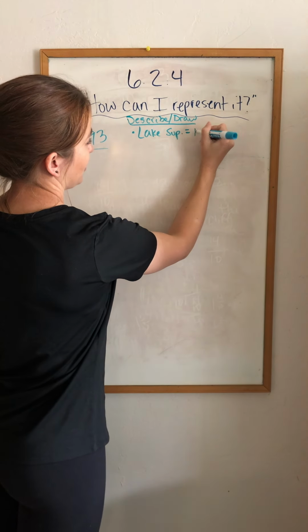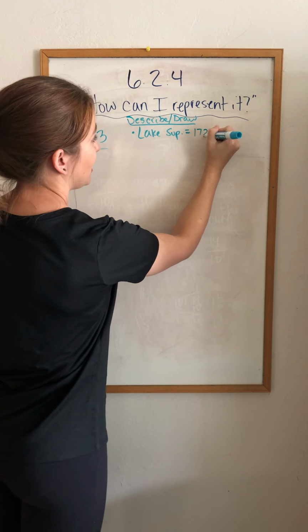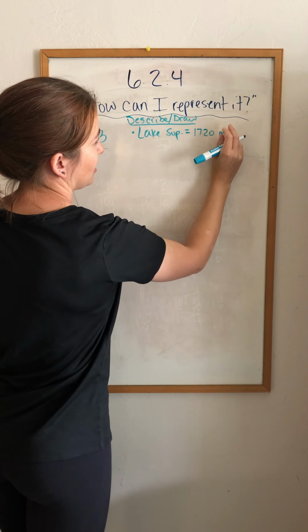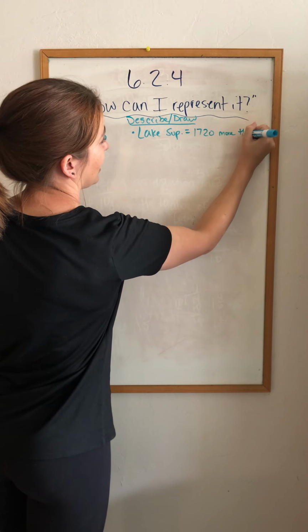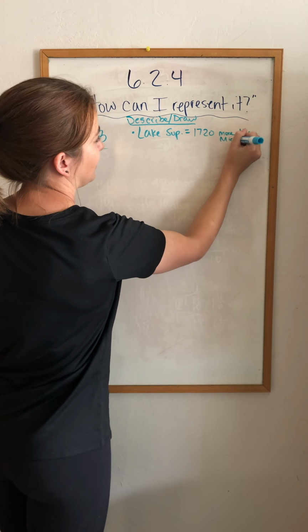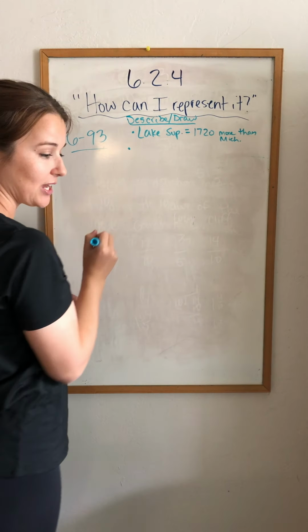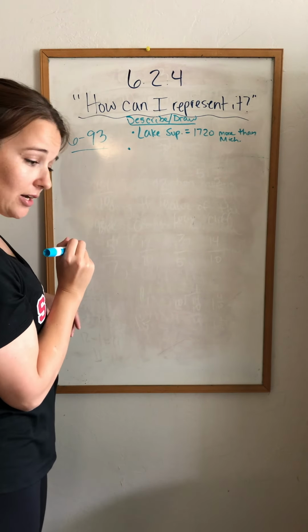So a lot of information, but here's what I put first. Lake Superior is 1,720 more than Mich, and that's for Lake Michigan. I'm just trying to save space. What else do we know?